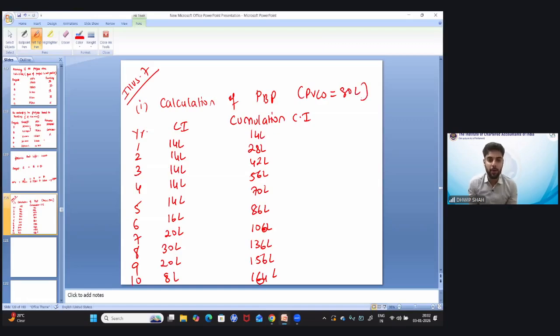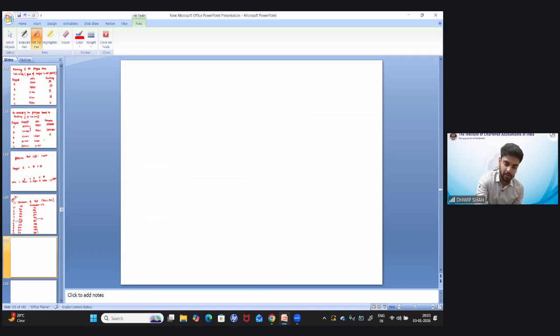First, locate the point where 80 lakh is getting recovered. Here 80 lakh falls. So somewhere between 5 and 6, yes or no? It falls between the 5th year and 6th year. Are you getting this? So can I say my payback period will be 5 plus something?